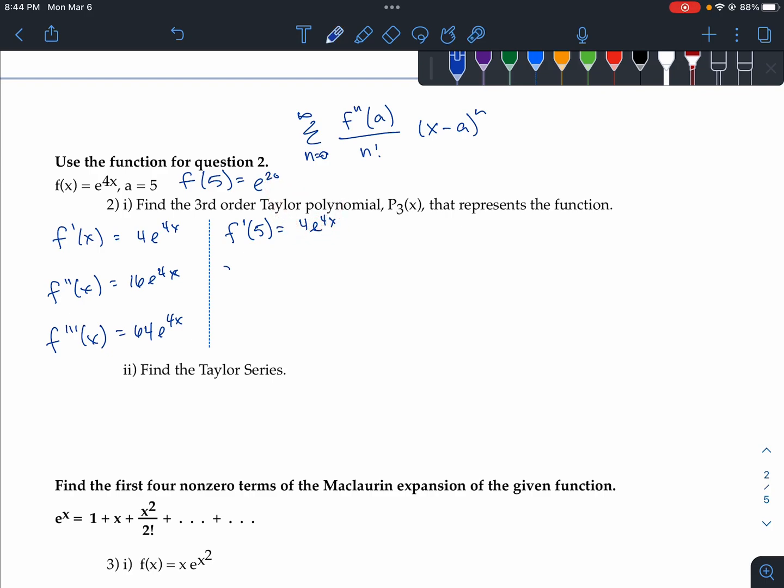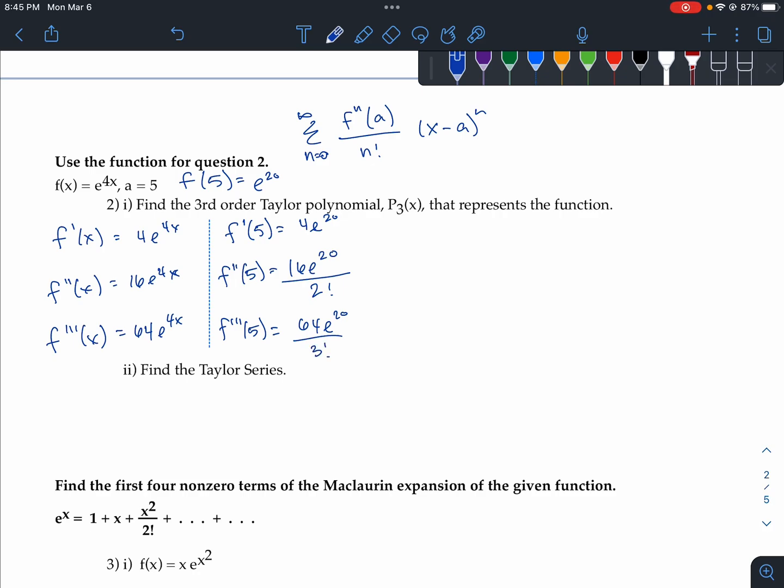For the next one, the second derivative at 5 is going to be 16e to the 4x, divided by 2 factorial, which is just 2, and then the third derivative at 5, which would be 64. Wait, what am I doing? One second. This should be 20 right here. I need to actually plug in my value. Sorry. 20, 20, and then this is e to the 20 divided by 3 factorial, which is going to be equal to 6.